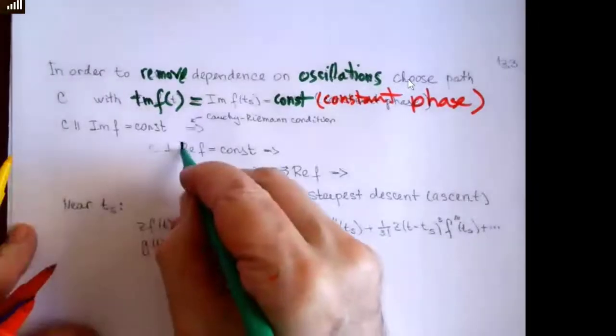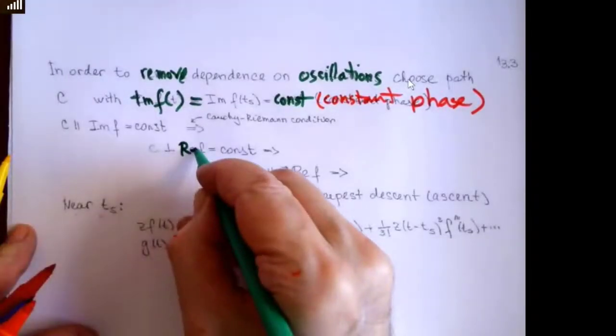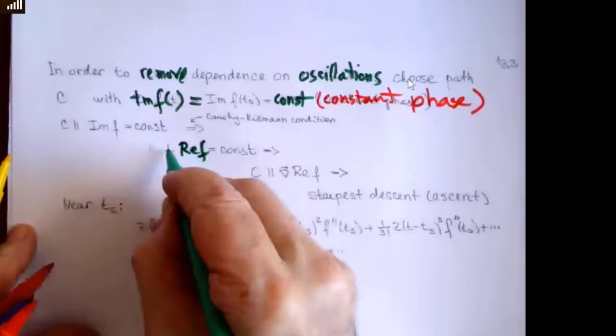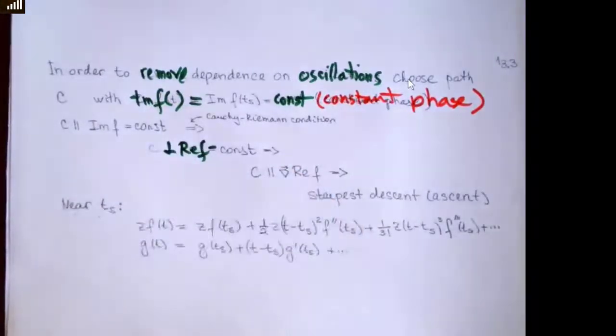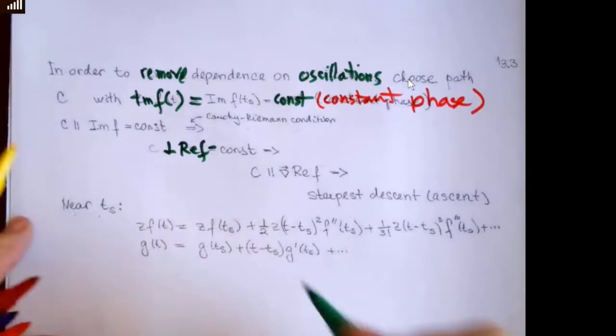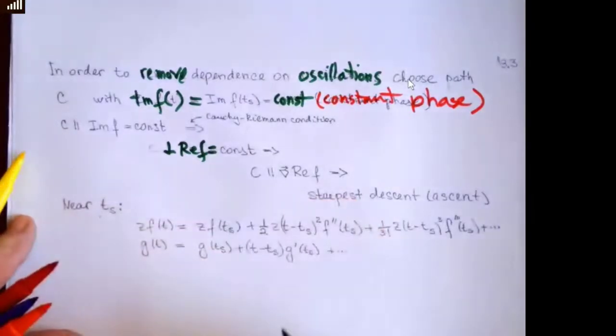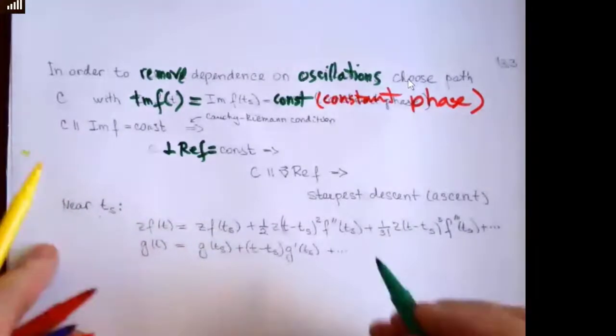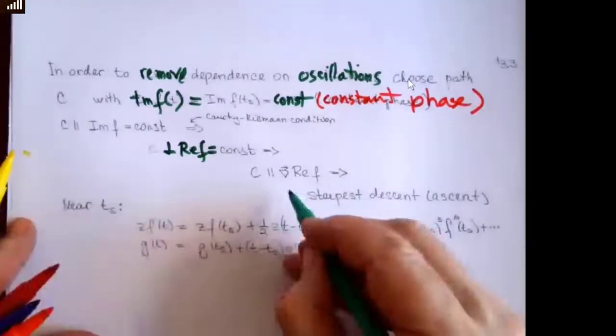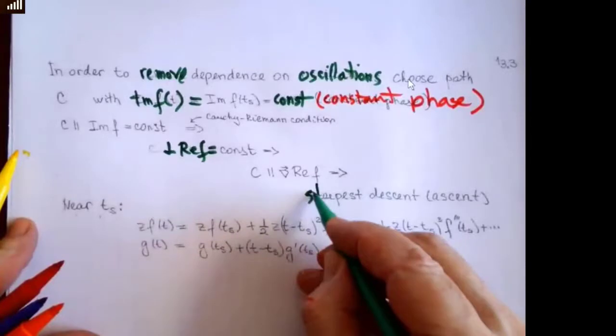So the real part, which by Cauchy-Riemann is in the orthogonal direction, because remember, we always had a landscape where real and imaginary parts were 90 degrees for holomorphic functions, the real part of the function has to go through steepest descent.